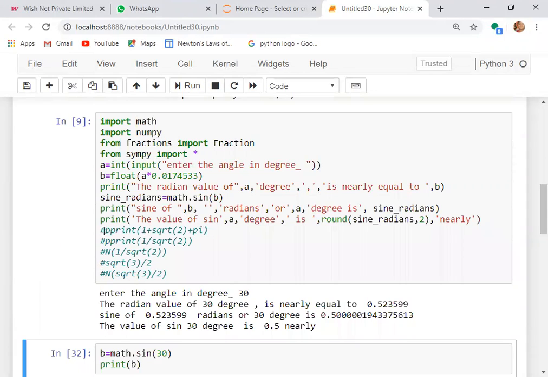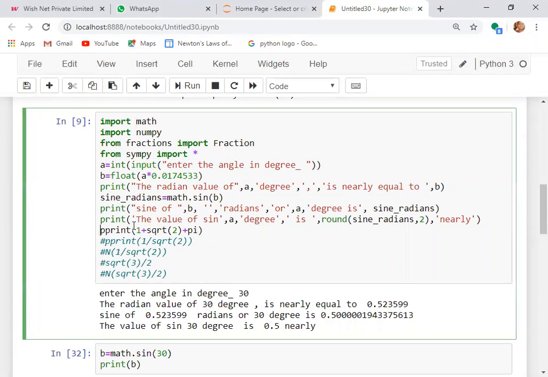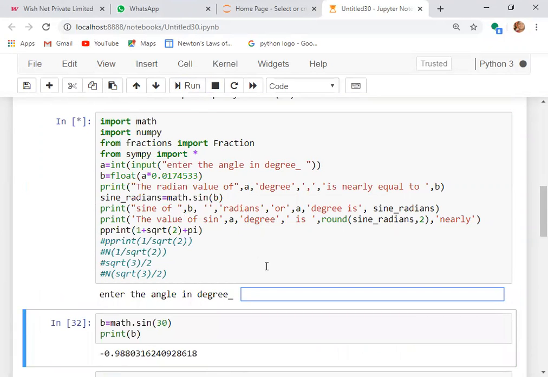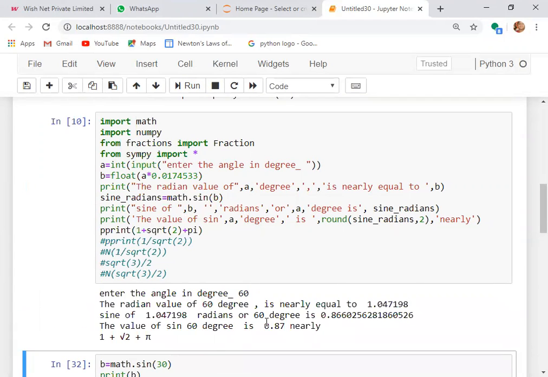Now, with the help of SymPy, we are also importing the SymPy module. With the help of the SymPy module, we can also print out the root 2, pi, etc. value. Now if you run this program, same 60 degree. You see that the second part is actually executing 1 plus square root of 2 plus 5.